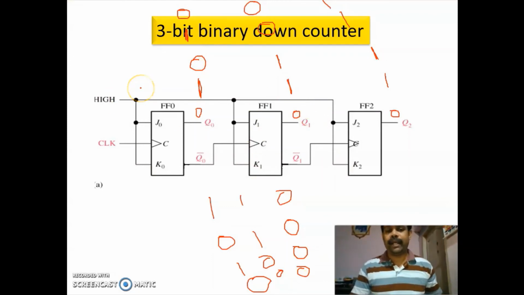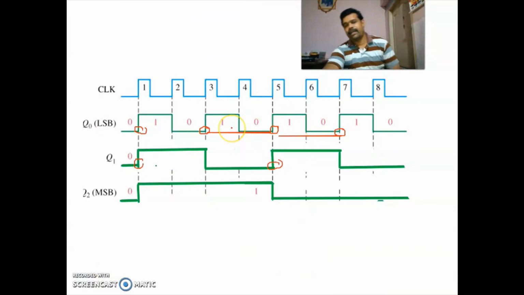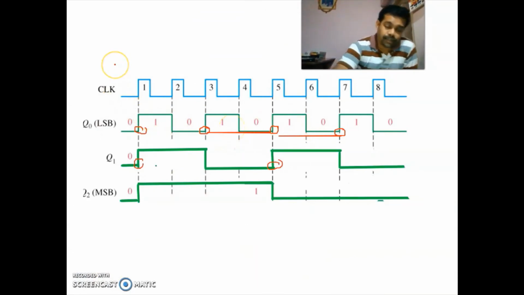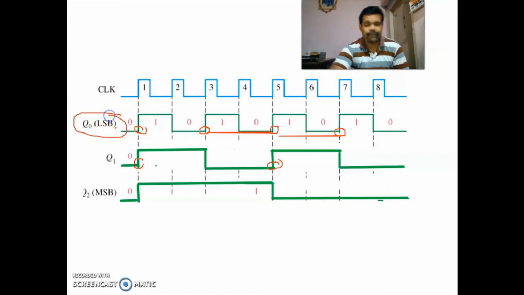Okay, the timing diagram. So this is a timing diagram of your down counter. Here the first flip flop FF0 will change the state during every positive edge, as it is positive edge triggered.